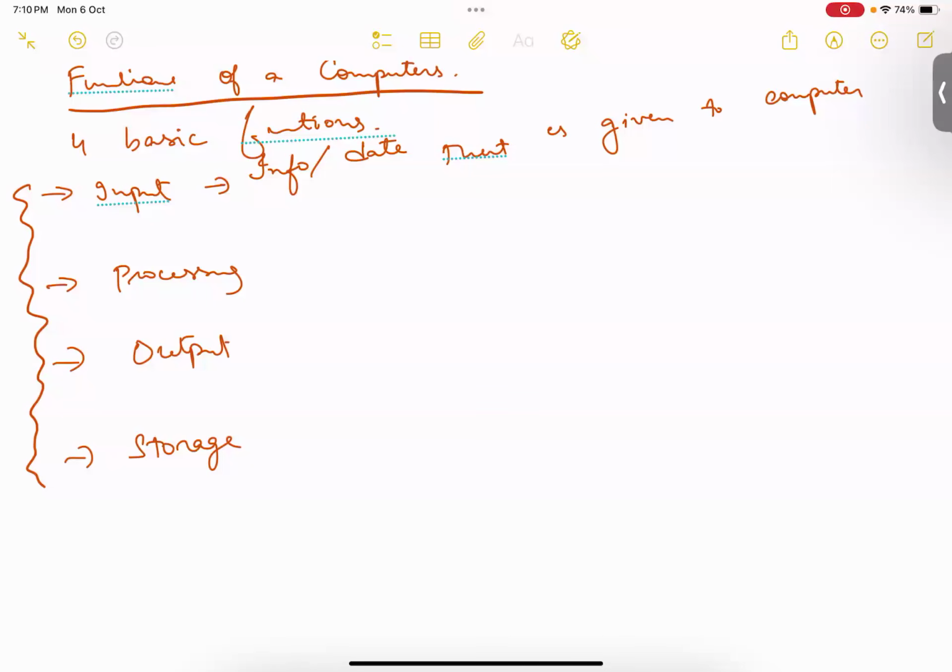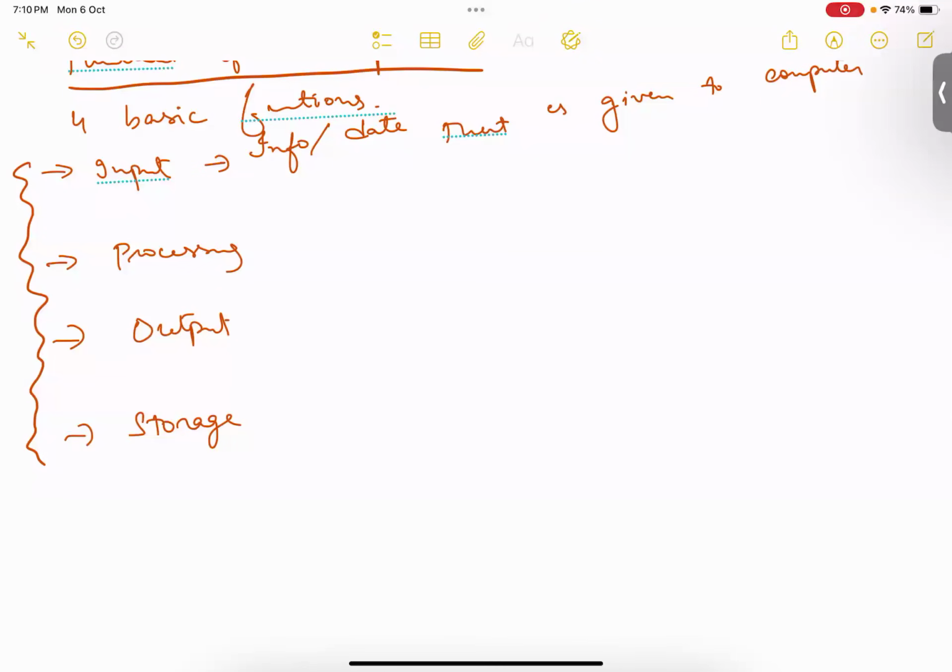All these things are what is known as input. And what happens is that from input, it goes to what is known as the central processing unit. We'll come to the components of a computer system later. For now, just understand that whatever data or information we have inputted goes to the central processing unit.